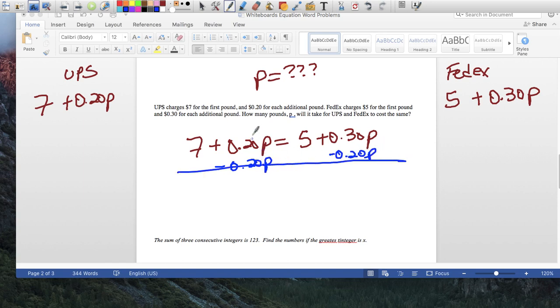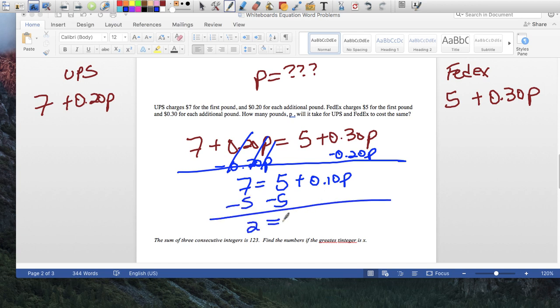If I do that, these two go away. 7 comes down, 5 comes down, and 0.30 minus 0.20 is simply 0.10p. Subtract 5 from both sides, and I'm going to get 2 and 0.10p. Divide by 0.10, divide by 0.10, and p is going to be 20.